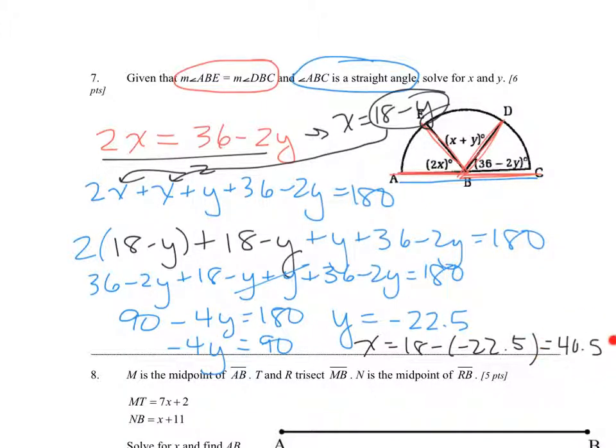And then if we substitute 40.5 and negative 22.5 into here, we get 40.5 minus 22.5, which is 18. And then if we substitute our negative 22.5 in here, 36 minus 2 times negative 22.5 is a positive 81.